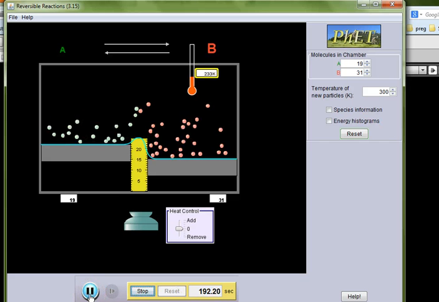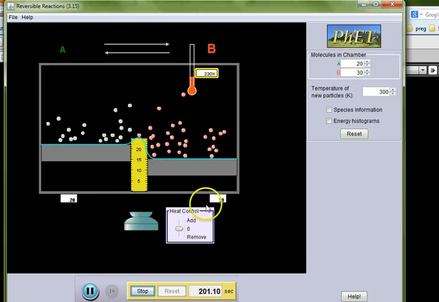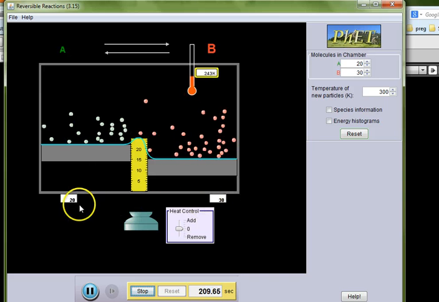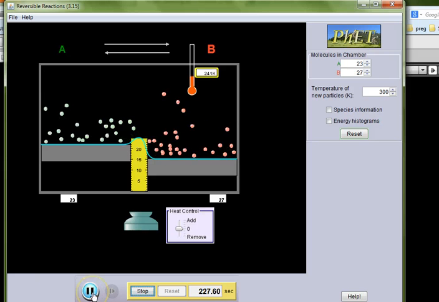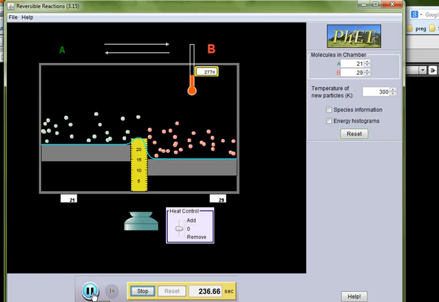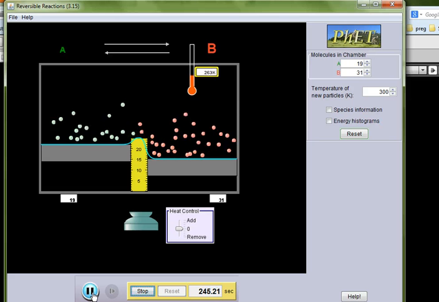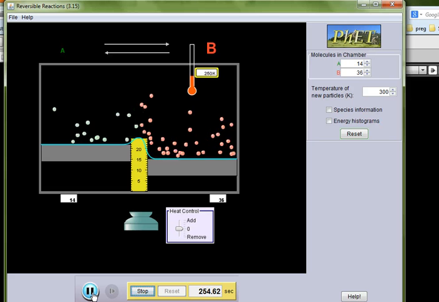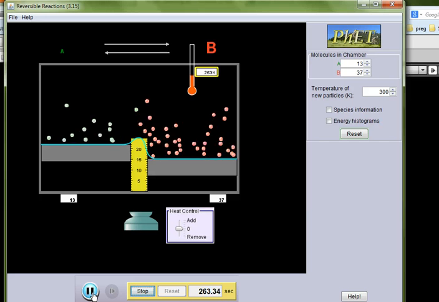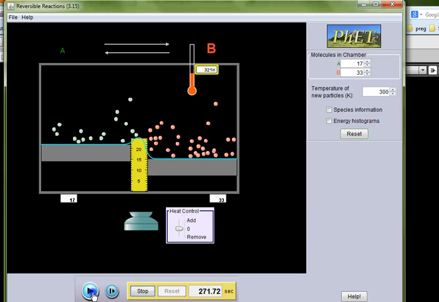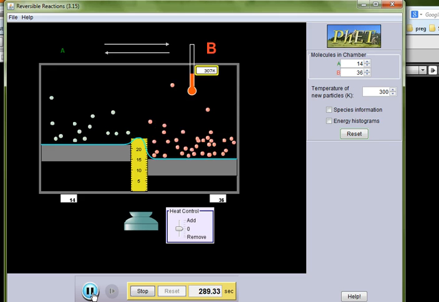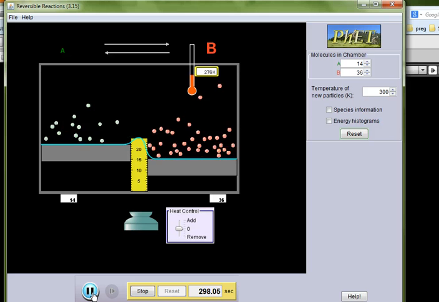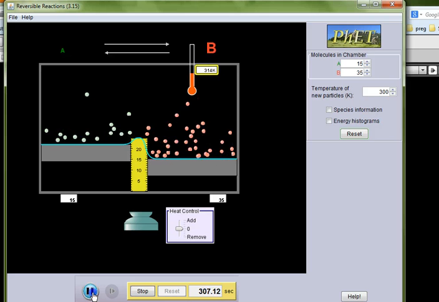Okay, it looks like the numbers have reached equilibrium, maybe a few more seconds. You can take a few more readings here, and then you can see the average is about 17 or so.